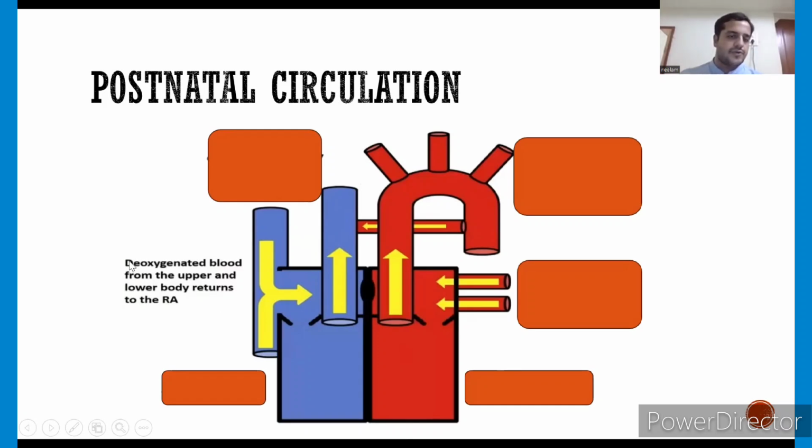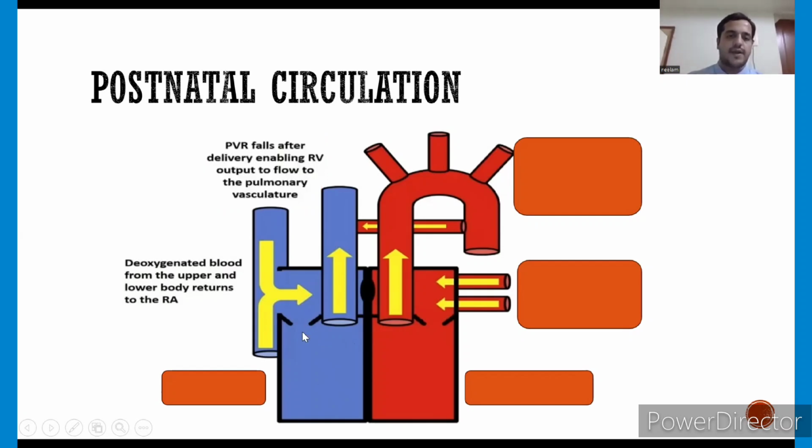Now the deoxygenated blood which is coming from both the upper and lower half of the body enters into the right atrium, and from there it enters into the RV. As soon as the baby starts breathing, the pulmonary vascular resistance starts decreasing.